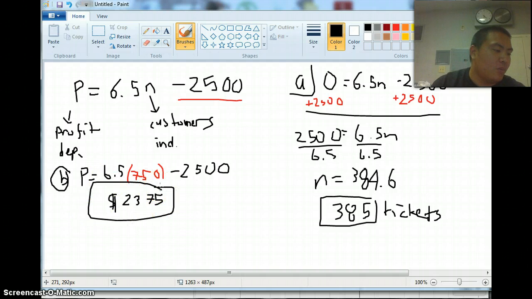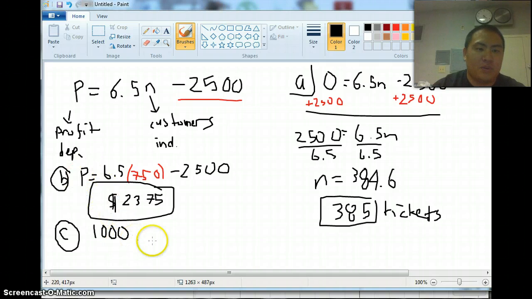Alright, for C, what number of customers will be needed to make a profit of $1,000 in a week? Well, that's this one. We replace the profit with 1,000 when it tells us the profit is 1,000. $1,000 is equal to 6.5 n minus 2,500.